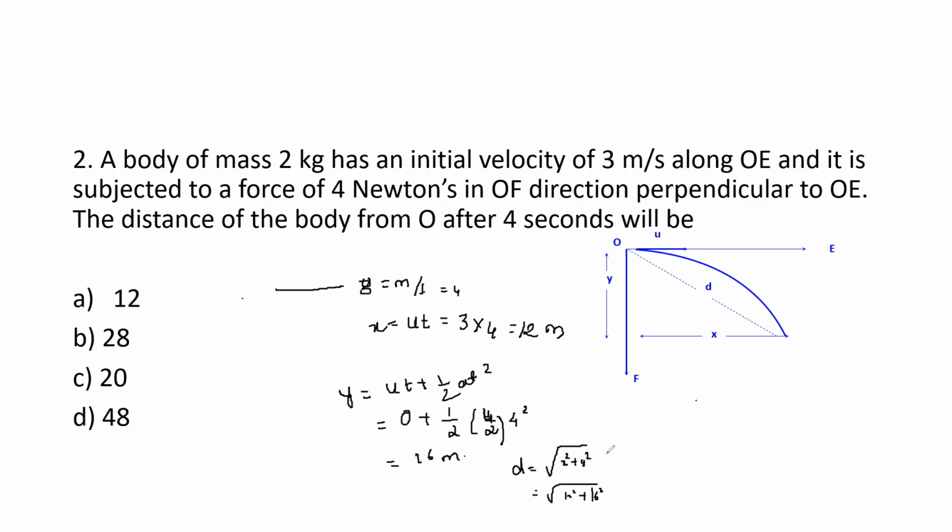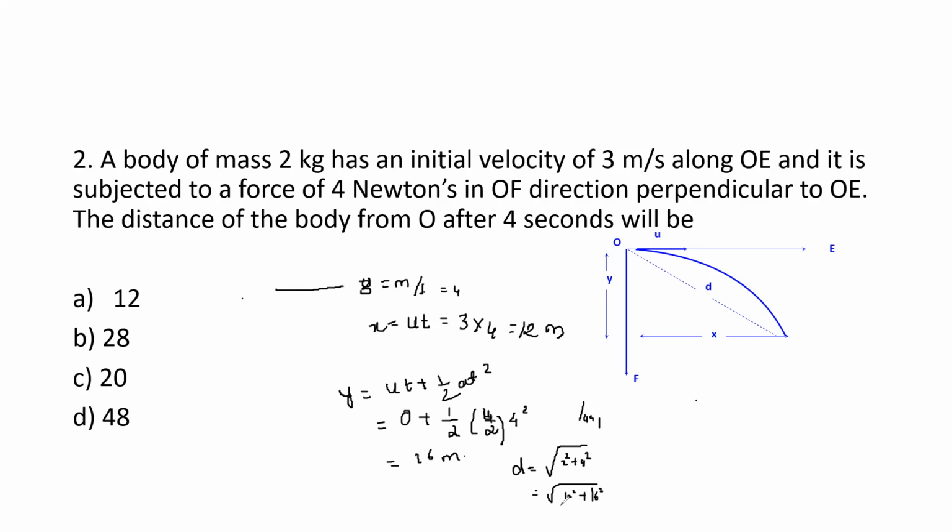So 12 square is 144 plus 16 square, that is 256.